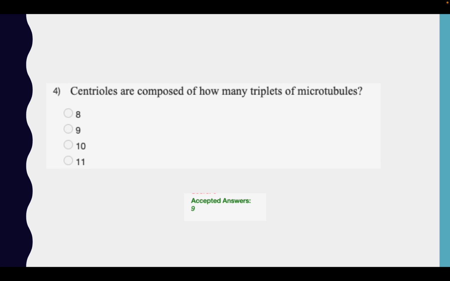It is involved in organizing the spindle fibers during cell division. Okay, you might have heard about microtubule triplets in case of basal bodies of cilia and flagella as well. Right?